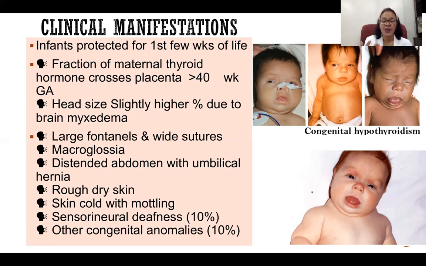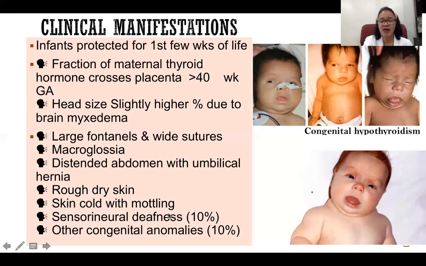Okay, if you try to examine their fontanelles, particularly the anterior fontanelle, it's very large, and the sutures are wide. And then the tongue is usually out. There's presence of macroglossia, a distended abdomen with umbilical hernia, very rough and dry skin.